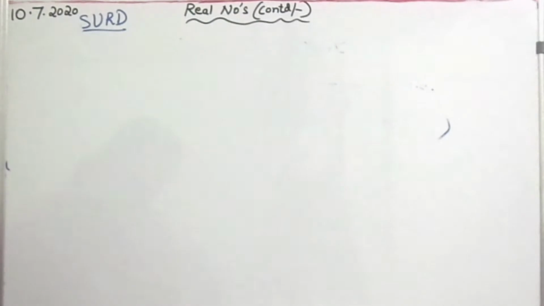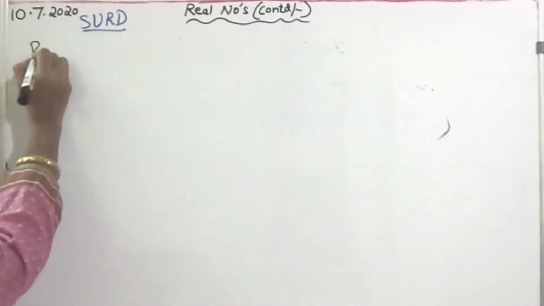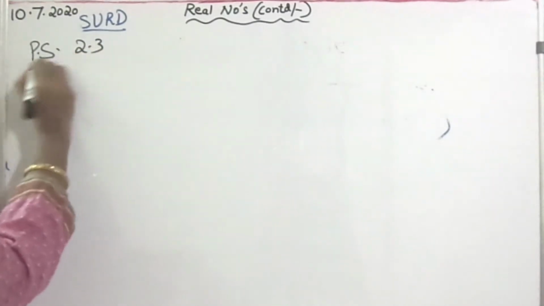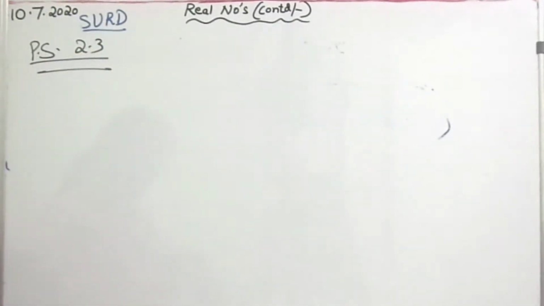So now we'll do sums based on this, how to recognize a surd and its order, identifying the surd. So take out practice set 2.3, page number 30.